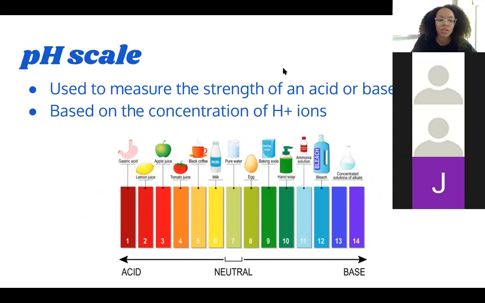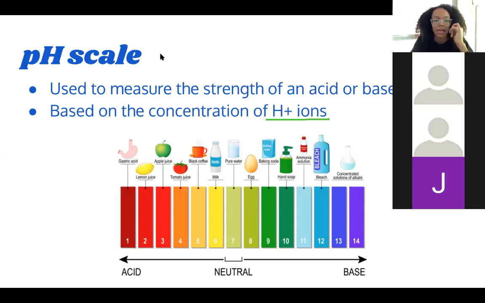It is actually a calculation using the concentration of protons, the concentration of our hydrogen ions. That is what this whole scale is based off of. So again, we talked before, 7 is in the middle. Anything below 7 is an acid. Anything above 7 is a base.